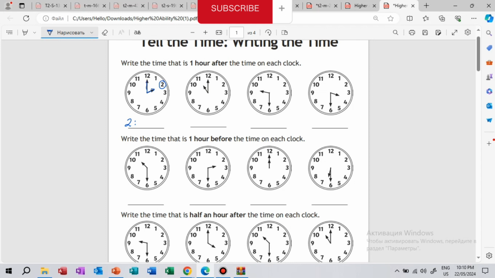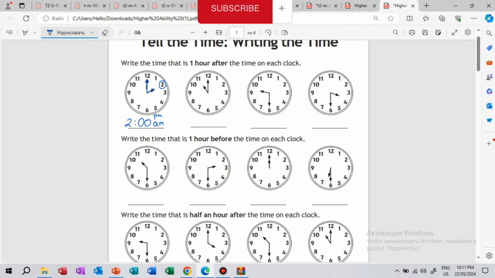And if the long one is pointing at the number 12, it's going to be 0, 0. Okay? That's going to be 2 a.m. if it's in the morning, or 2 p.m. if it's in the afternoon.